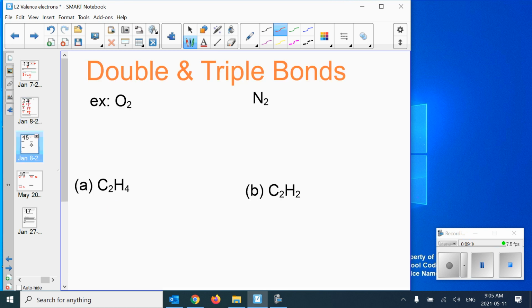Now, double bonds and triple bonds. I'll give you examples here. The simplest examples are oxygen and nitrogen. So far, we've shown triple bonds. But what about an oxygen with another oxygen? I'm going to draw it like this, individual.